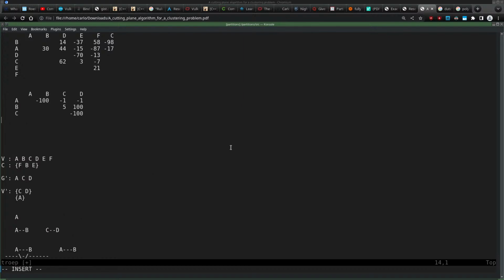So in the case of 4 edges, we have 4 nodes, we have the edge AB, and we have the edge AC with the value of -1, and we have the edge AD with the value -1, and we have the edge of BC with the 5, and we have the edge of BD with value 100, and then we have CD with value -100.